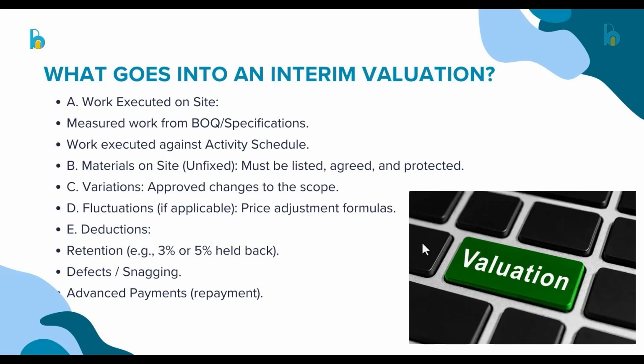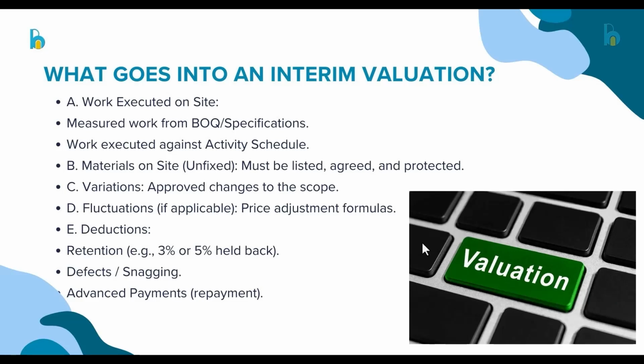Mostly it's after 3 to 4 interim valuations before the advance payment is deducted. But sometimes it can be deducted in the first valuation. So it also depends on the contract. It doesn't really have to be so.